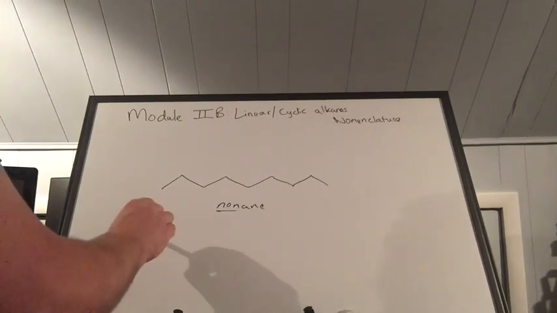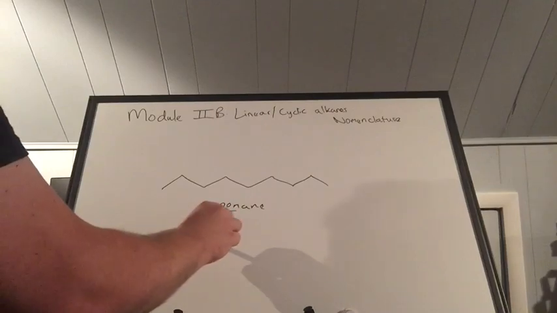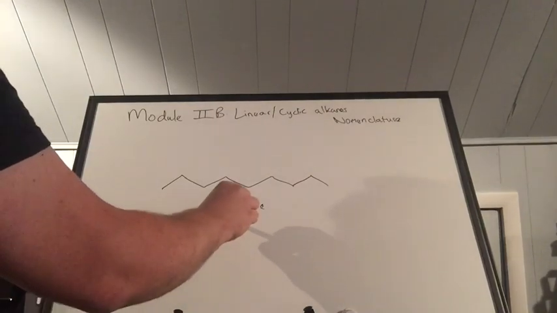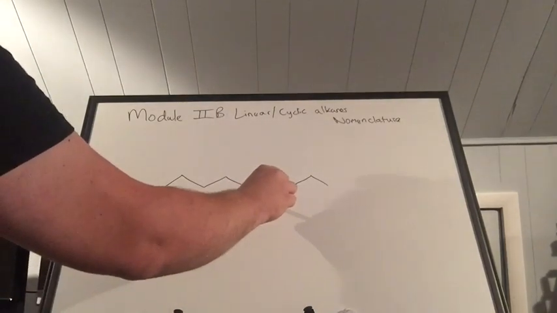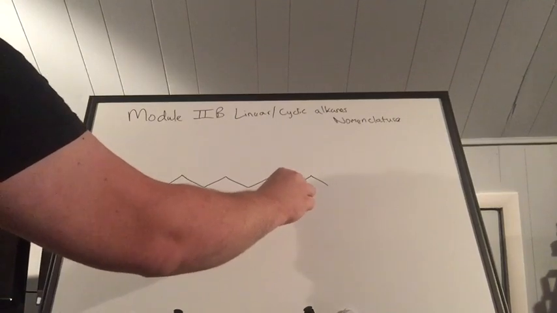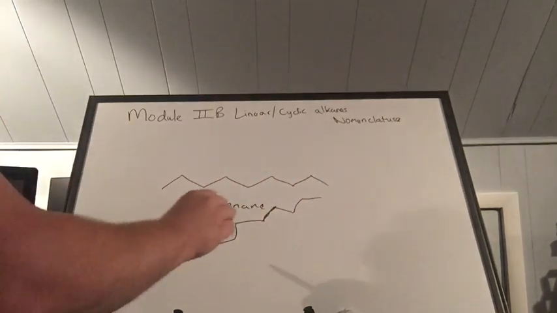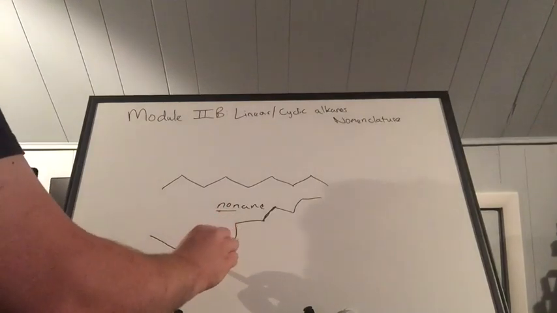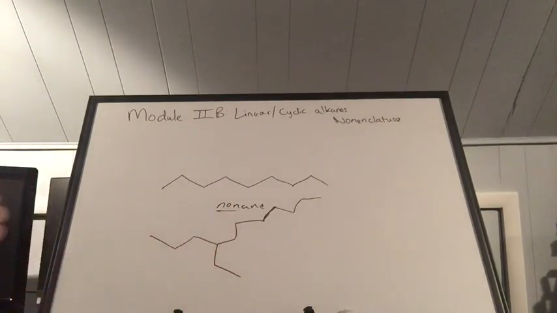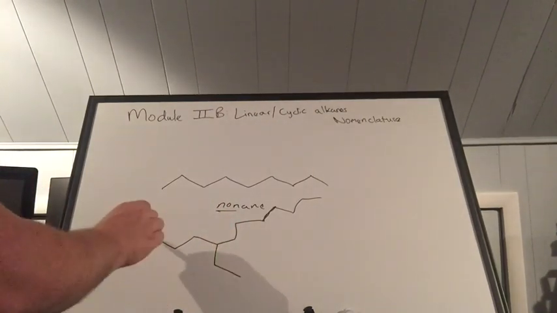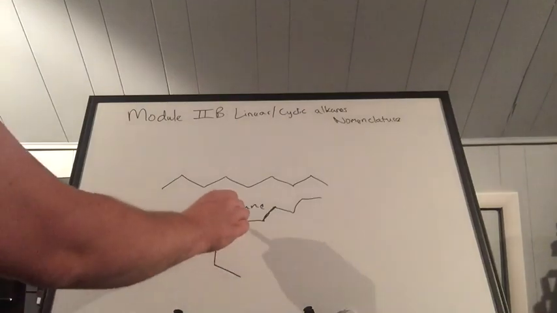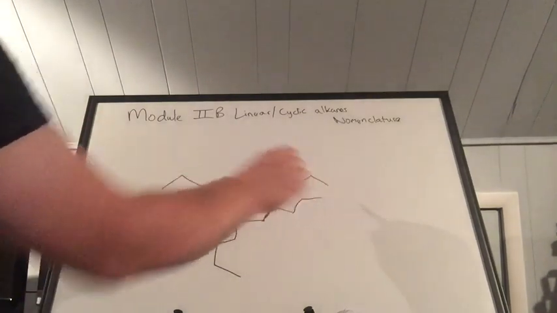I had a particular problem for you where I was looking for you to find the longest contiguous chain. I was trying to throw you off a little bit. The longest one is going to be 1, 2, 3, 4, 5, 6, 7, 8, 9, 10, 11.